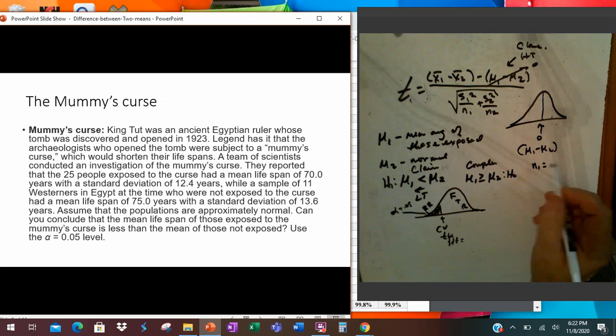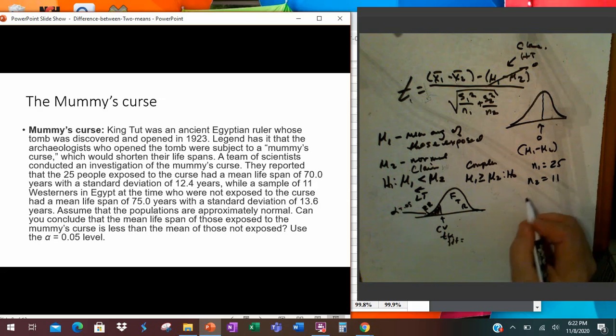N1 was 25, N2 was 11, X1 bar was 70, with S1 being 12.4.